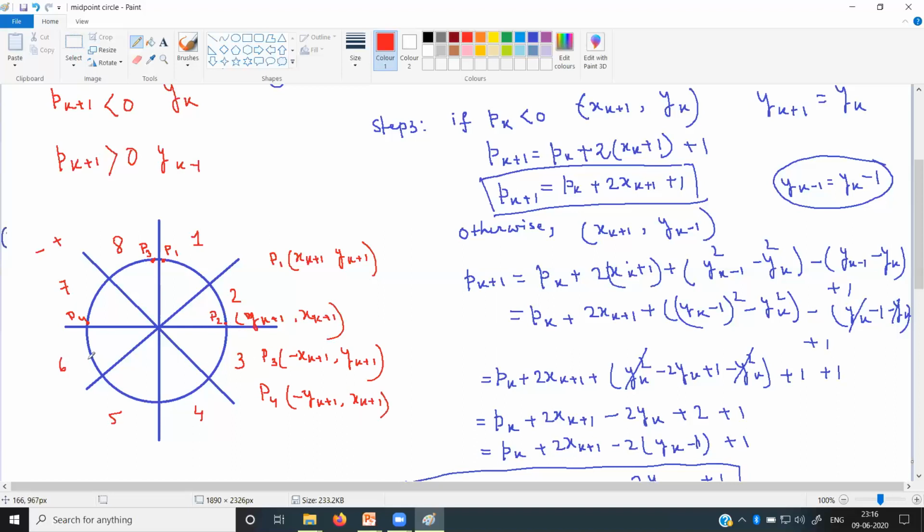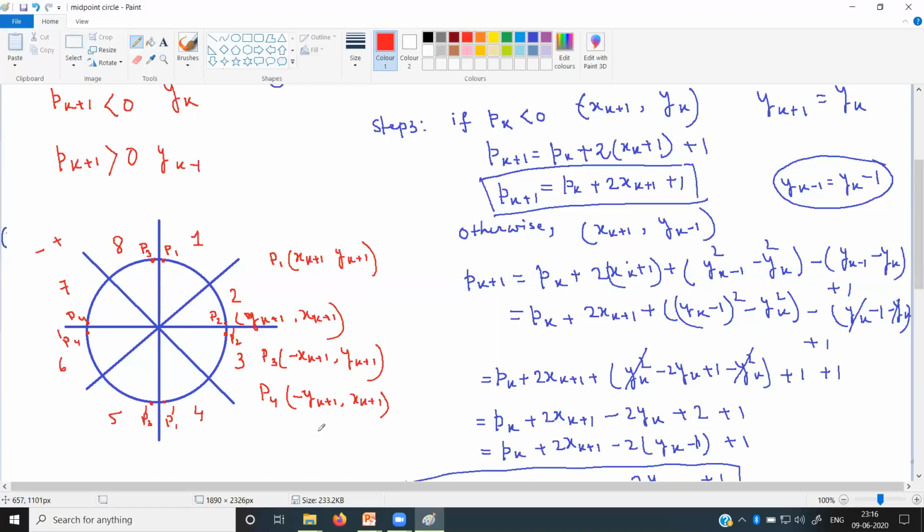Now, again, with respect to the x-axis, all the points P1, P2, P3, P4 have mirror images. This point is P1 dashed. This point is P3 dashed. This point is P2 dashed. And this point is P4 dashed.